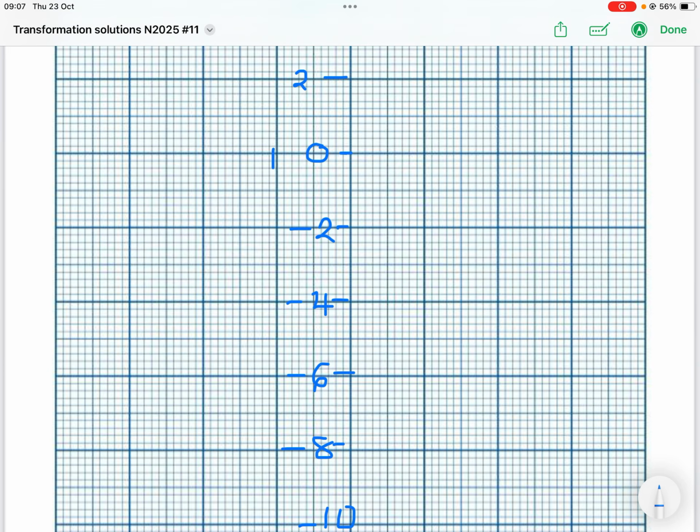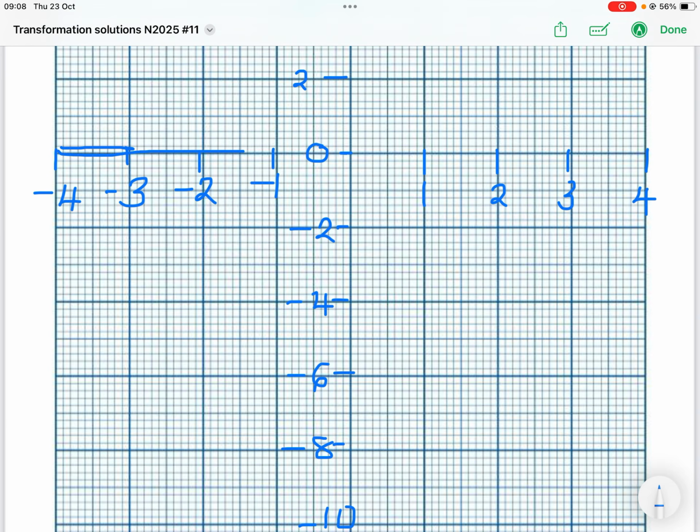Here we are going to put our -1, -2, -3, -4. And here 1, 2, 3, 4. So this is the first step. We need to follow the scale that is provided and we are going to underline here.